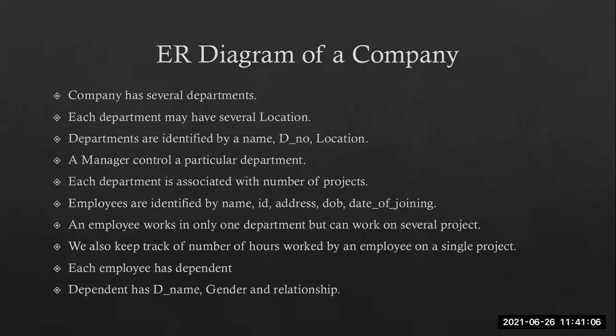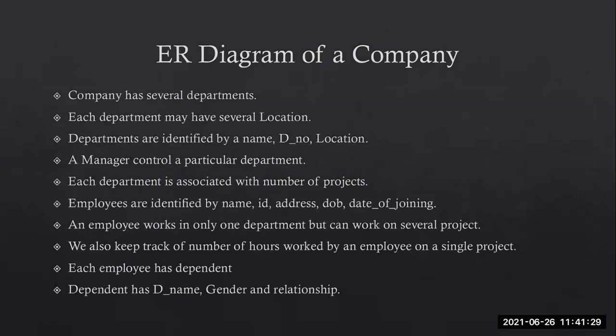Okay, and then each department is associated with a number of projects, and employees are identified by name, ID, address, date of birth, and when he or she joined the company. And then we also keep track of the number of hours worked by the employee on a single project.